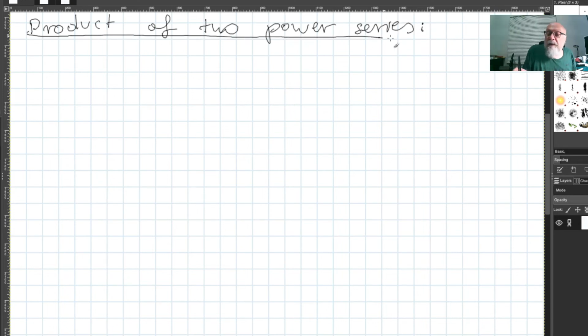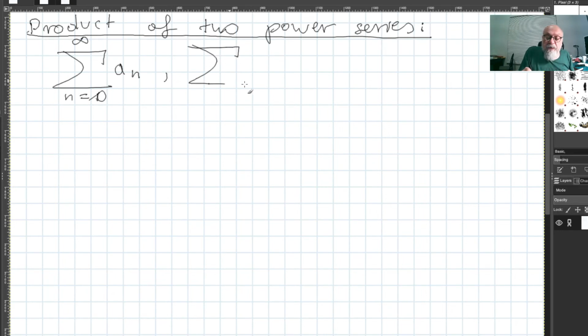We take one power series, complex, remember everything from now on is complex, starting at 0, it's more convenient, the sum of a_n, and take another power series, the sum from n equal 0 to infinity of b_n.